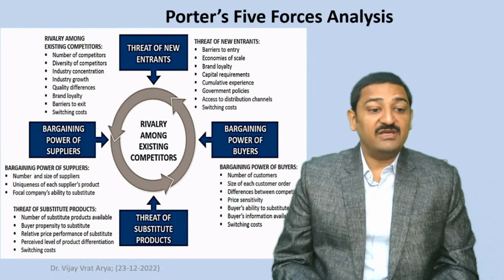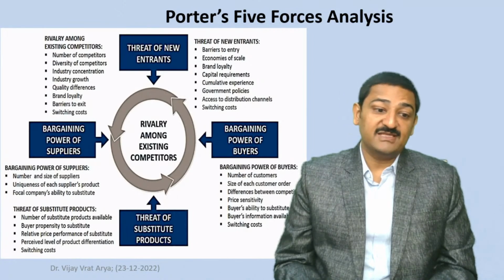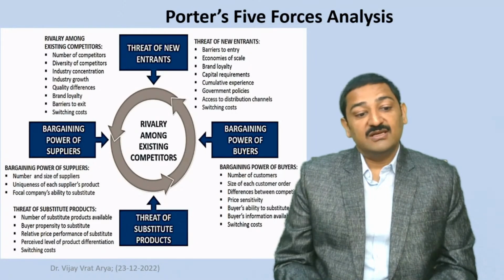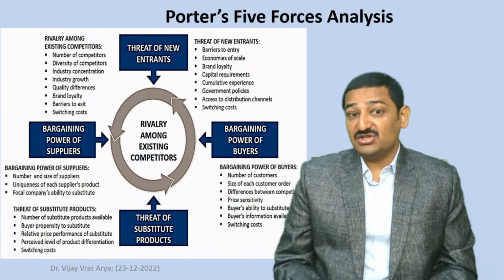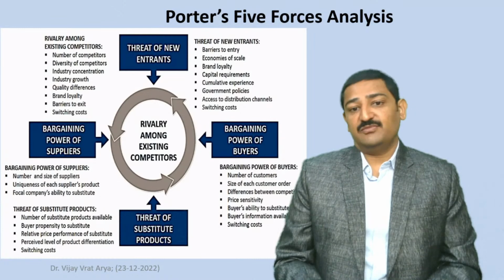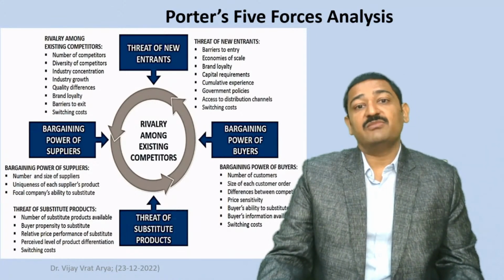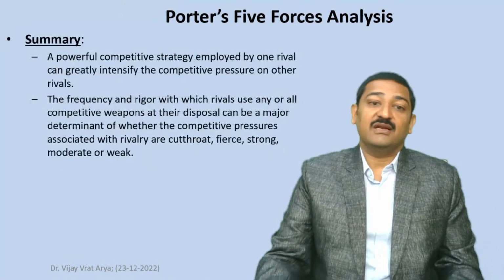So, we can have the buyer's propensity to substitute, relative price performance of substitutes, perceived level of product differentiation, and number of substitute products available, and the product switching cost is also considered as one of the important forces in the Porter's five forces analysis.